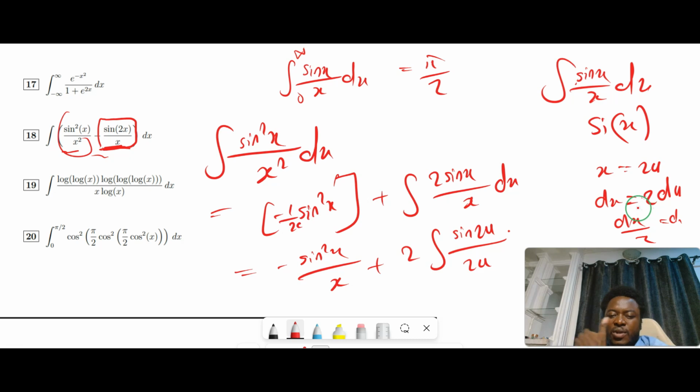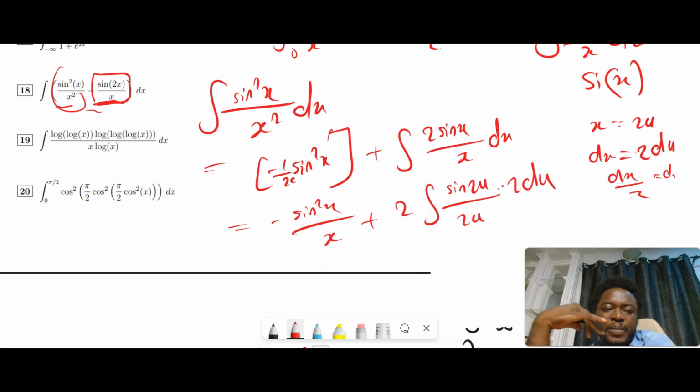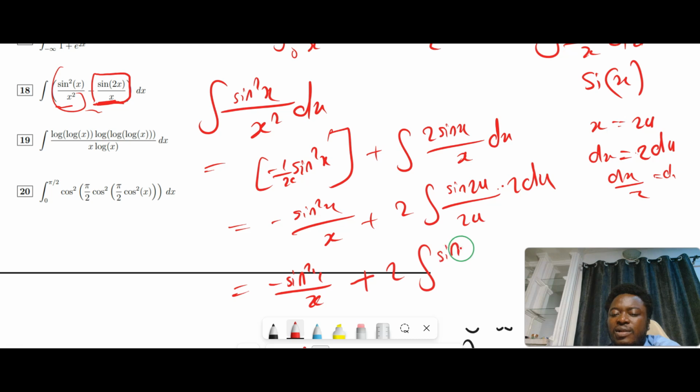Okay, so that is times 2 du, which is going to equal negative sine squared x over x, and then plus 2 times the integral of sine 2x over x dx. So I'm having an extra 2 here.